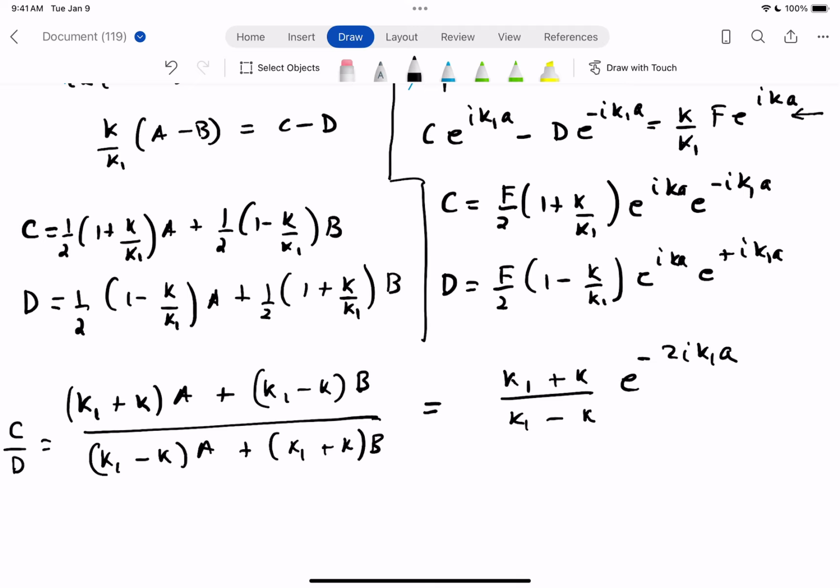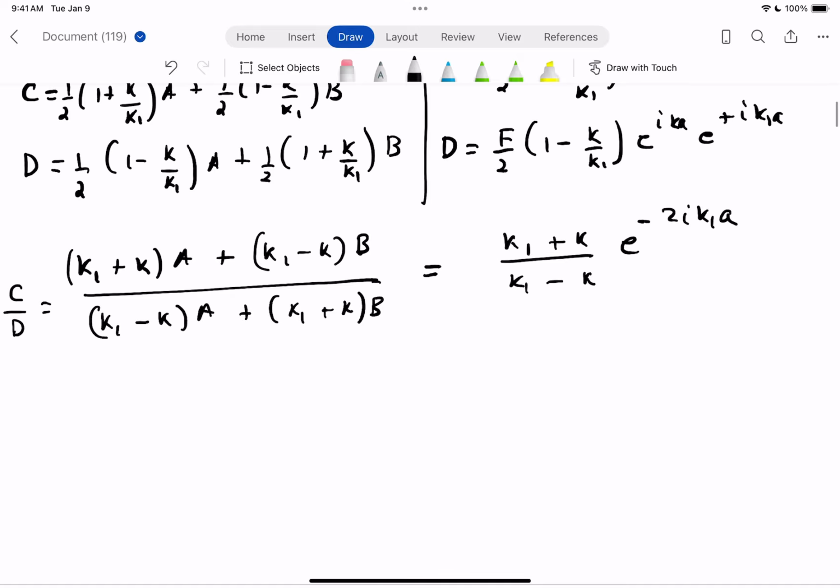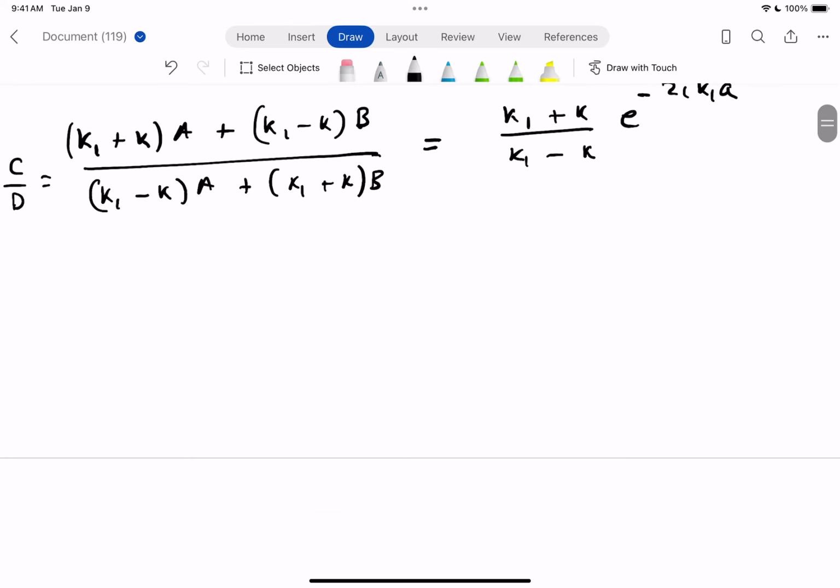All right, so let's just do that now. To make the algebra a little simpler, let's define a new variable.